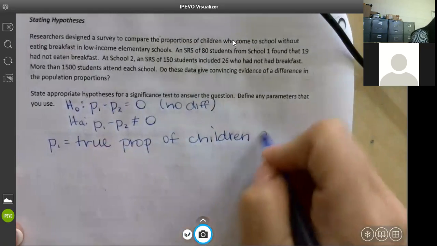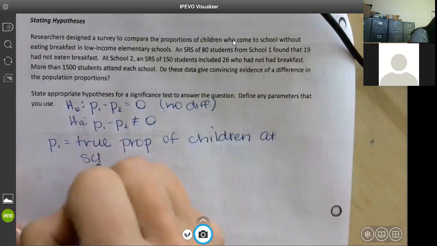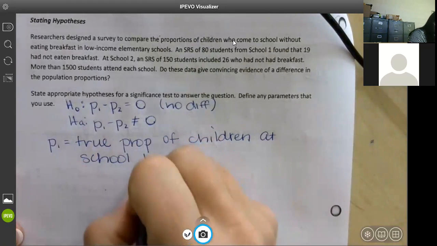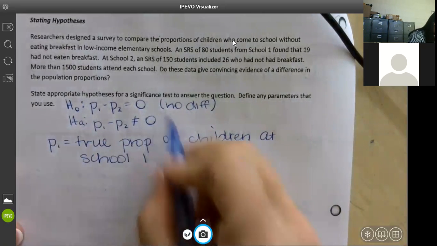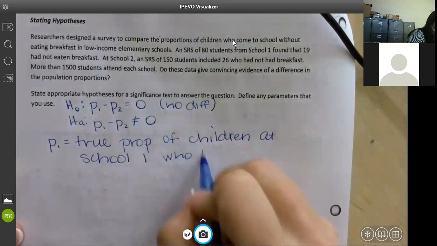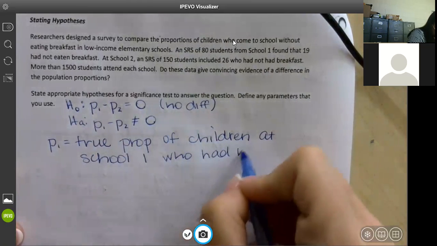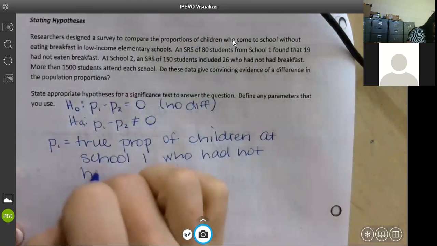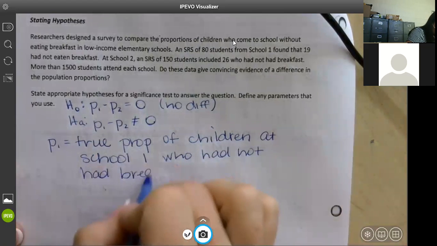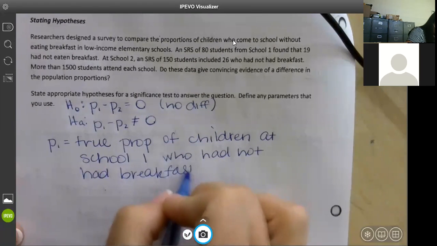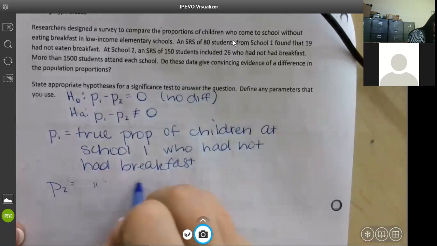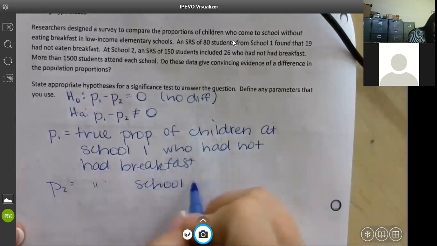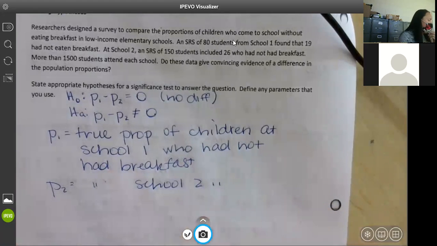Yeah, at school one. Make sure you define which one it is. At school one, what? Good. And then P2 is the same exact thing, except it's what? School 2. Yep. So just keep going from there. You don't have to rewrite it. That's it.